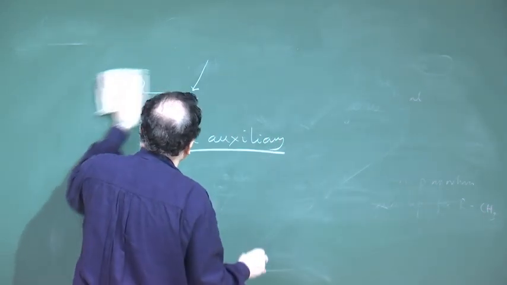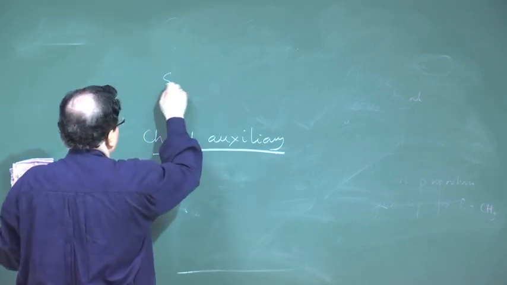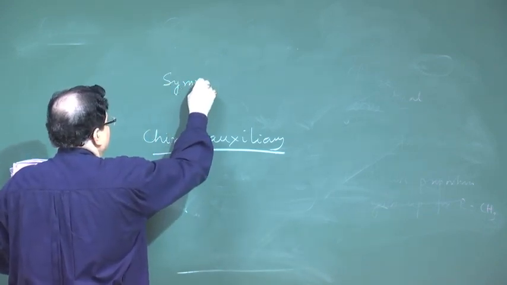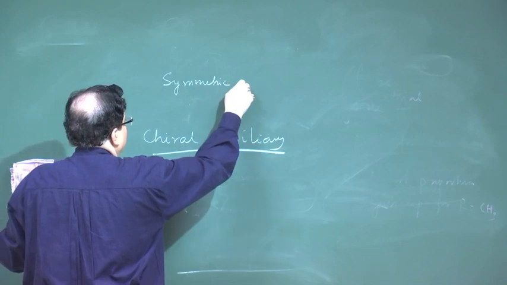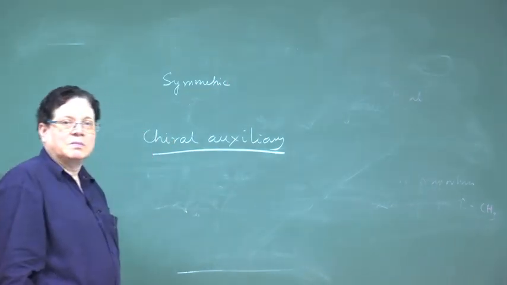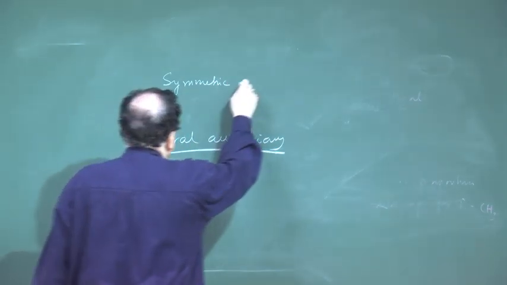What is the chiral auxiliary approach? You have a symmetric molecule, so there is no chiral center present in it.